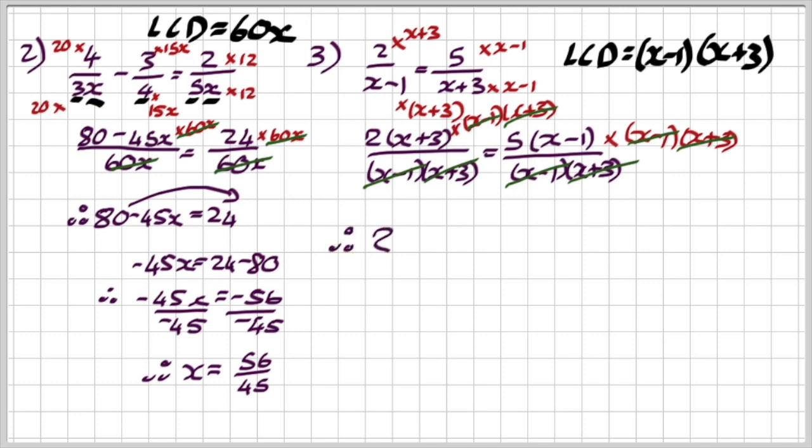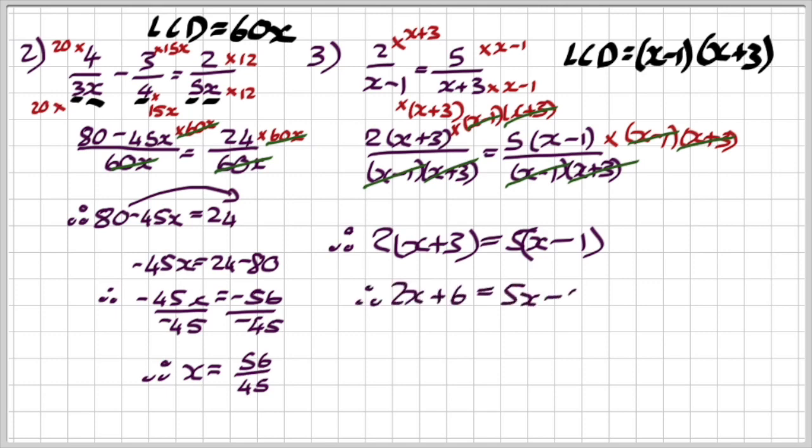So on the left, I actually have 2x plus 3 equal to, on the right, 5x minus 1. Because I might not be sure what kind of an equation this is, I'm going to distribute my brackets in. This is linear, so I need to get all my x's to one side so I can isolate x.